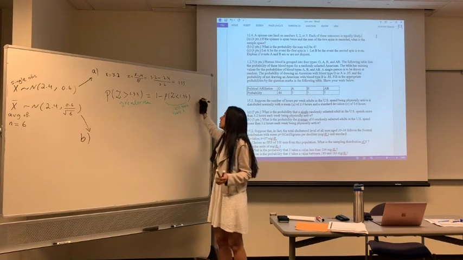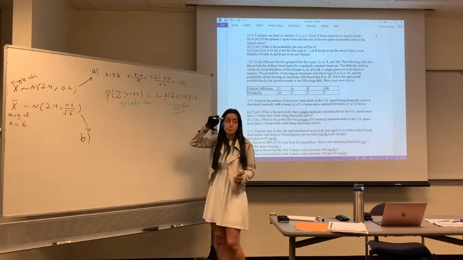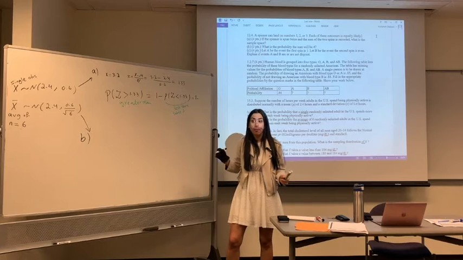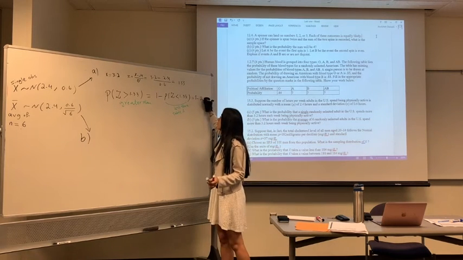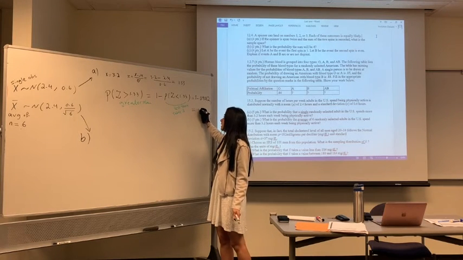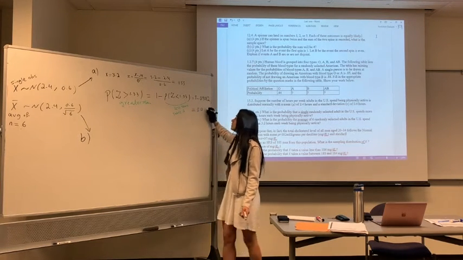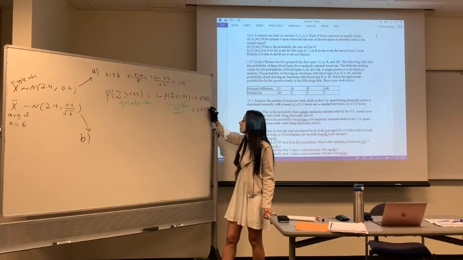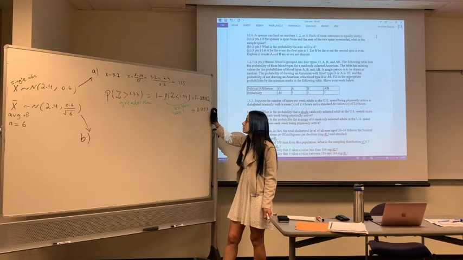Yes. So we have 1 minus what? 0.9082. Is this correct? So what is the answer? 0.0918.